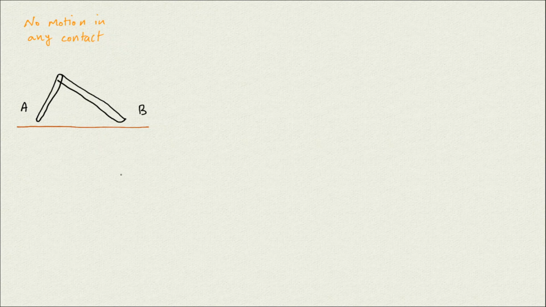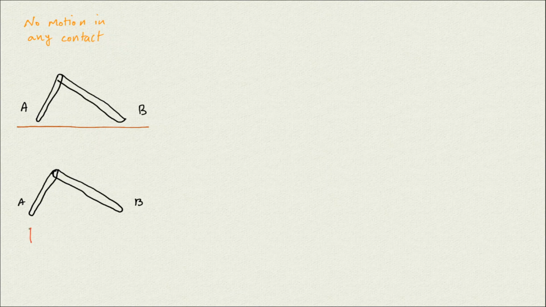So if I draw that again, if this is our shape, and we have point A and point B, we can replace them by putting in the reactions.